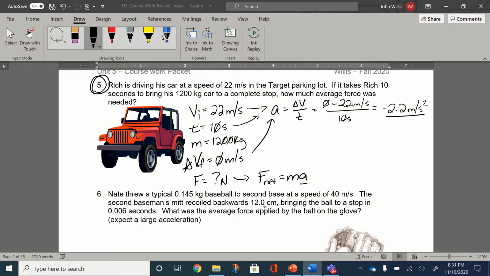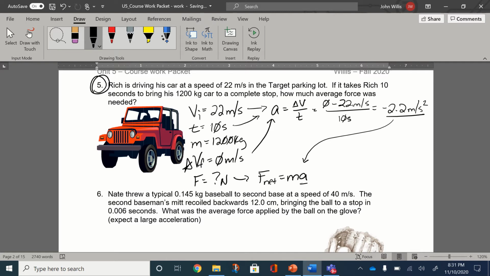Once you get that negative acceleration, then you can come down here and plug it into F equals ma. All right, so it's 2 steps. Use the information provided to get acceleration, and then plug it into F equals ma. 2 steps that we've done plenty of, right? F equals ma really isn't that complicated of an equation, so we are going to be incorporating some of the old stuff that we did.